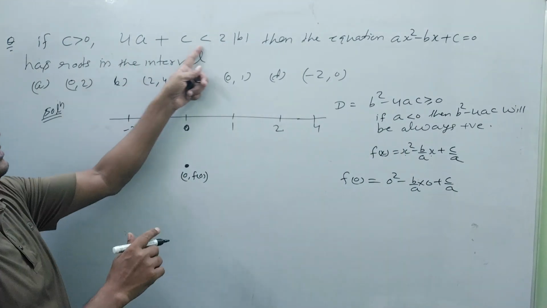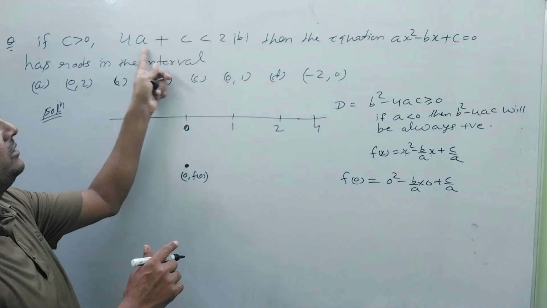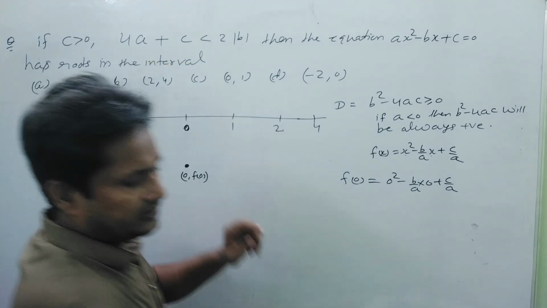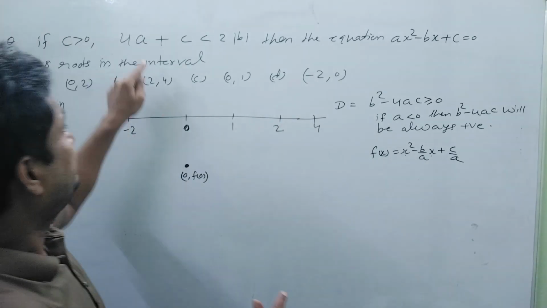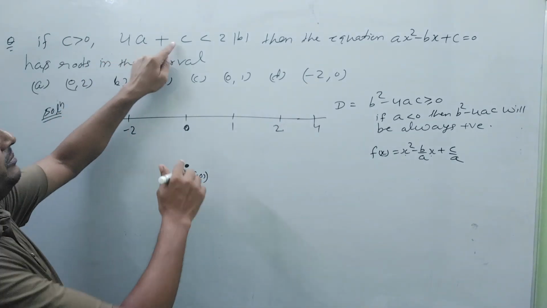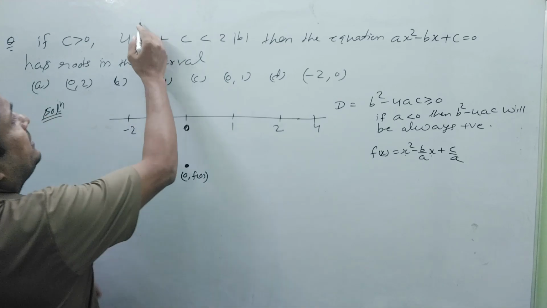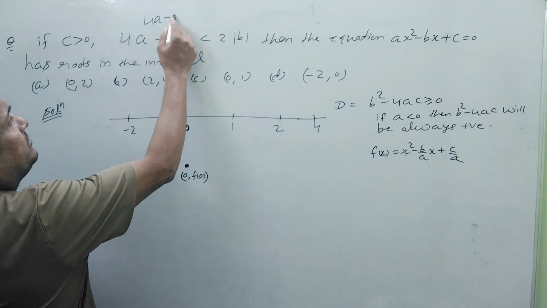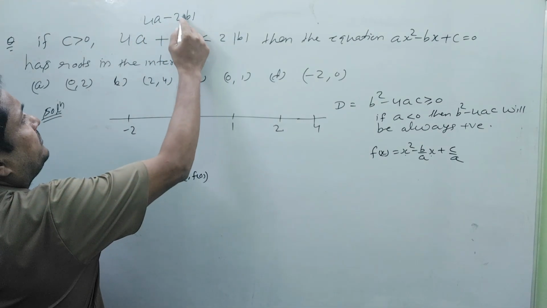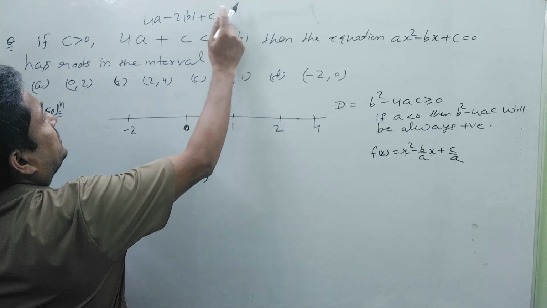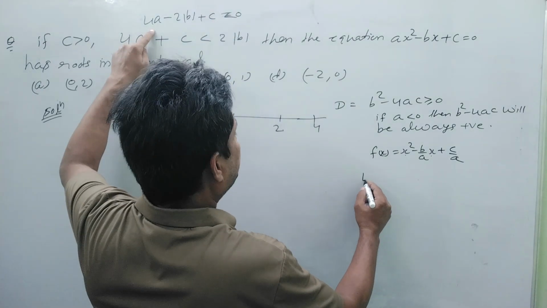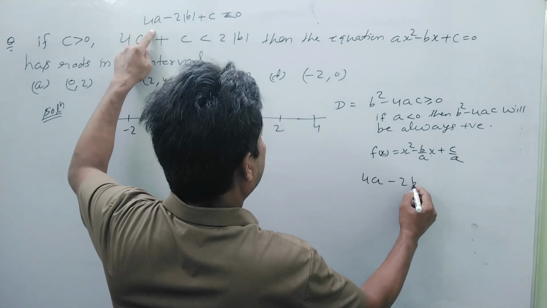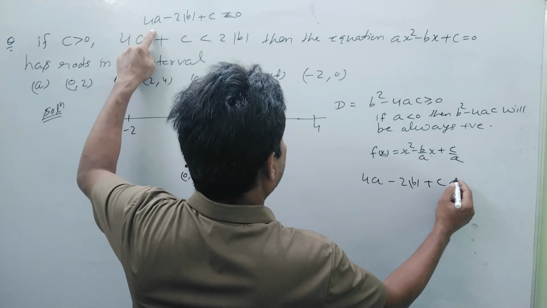According to this condition, we can find this value. 4a plus c is less than twice of mod b. If we simplify this one, we can write this as 4a minus 2 mod b plus c less than 0.